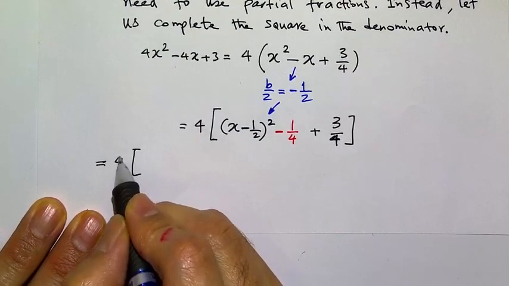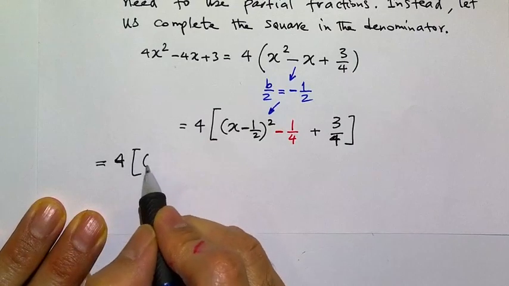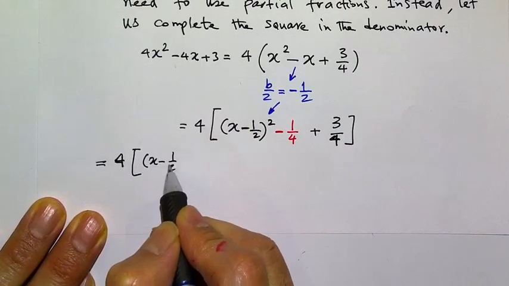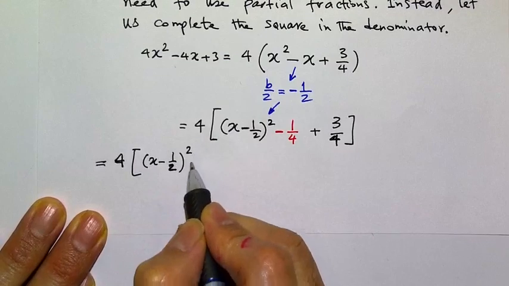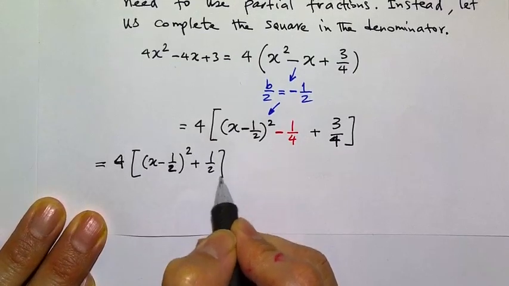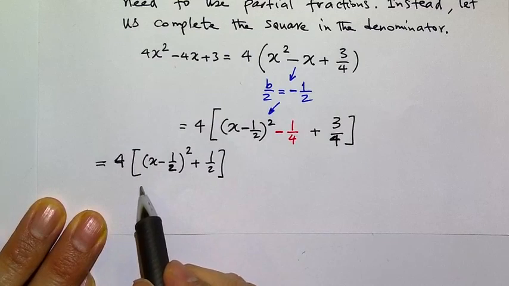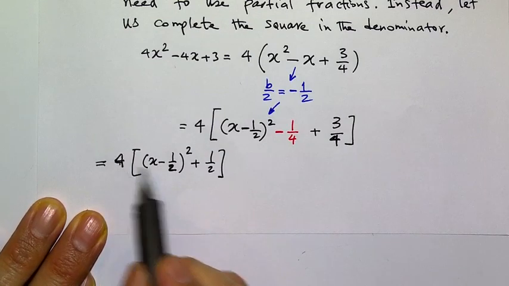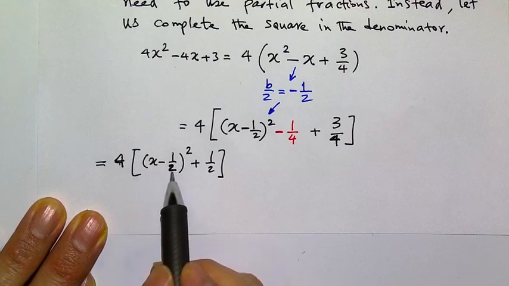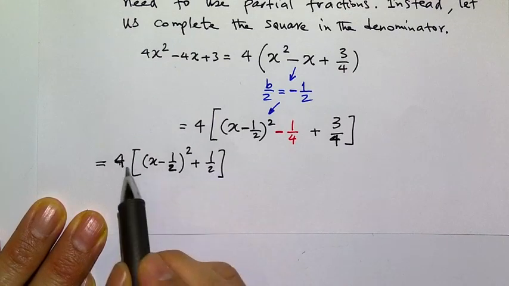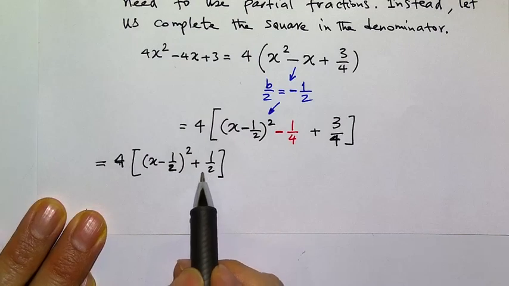So let me clean that up a little bit: 4 times x minus 1/2 squared plus 1/2, like that. And if we distribute this, what are we going to get? We're going to get 4 times 1/2, which is 2 here.